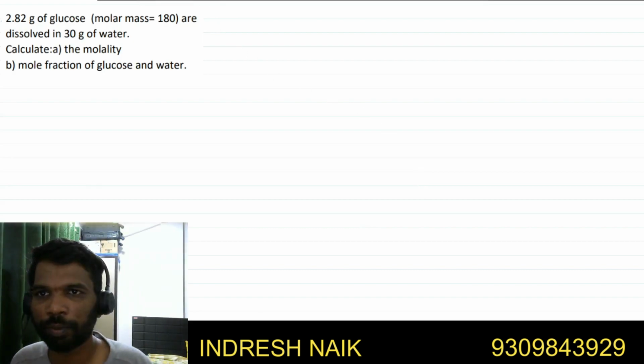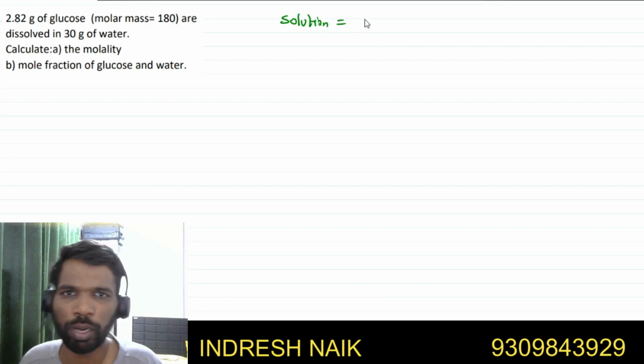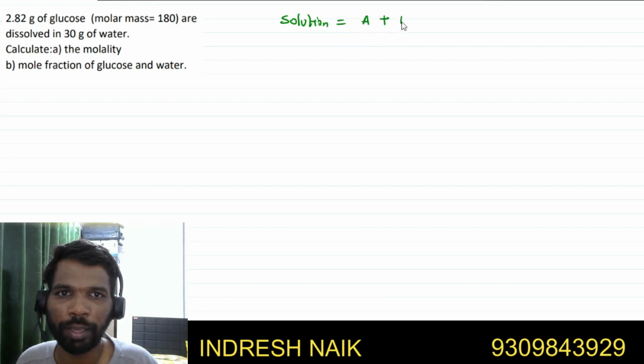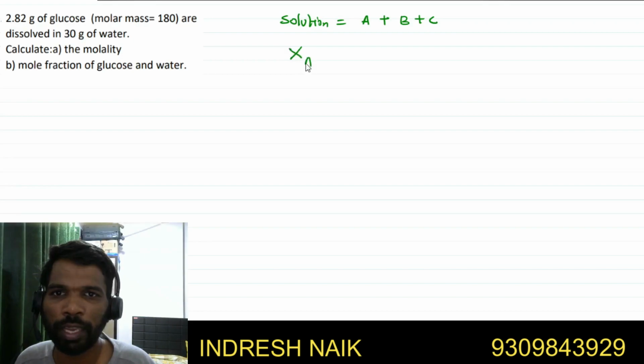First, let's understand. Let's say there is a solution. I'll take a three component system; you can take two, four, any number of components. Let's say there are components A, B, and C. How will you write the mole fraction of A? Mole fraction means number of moles of A upon total number of moles of all the components.